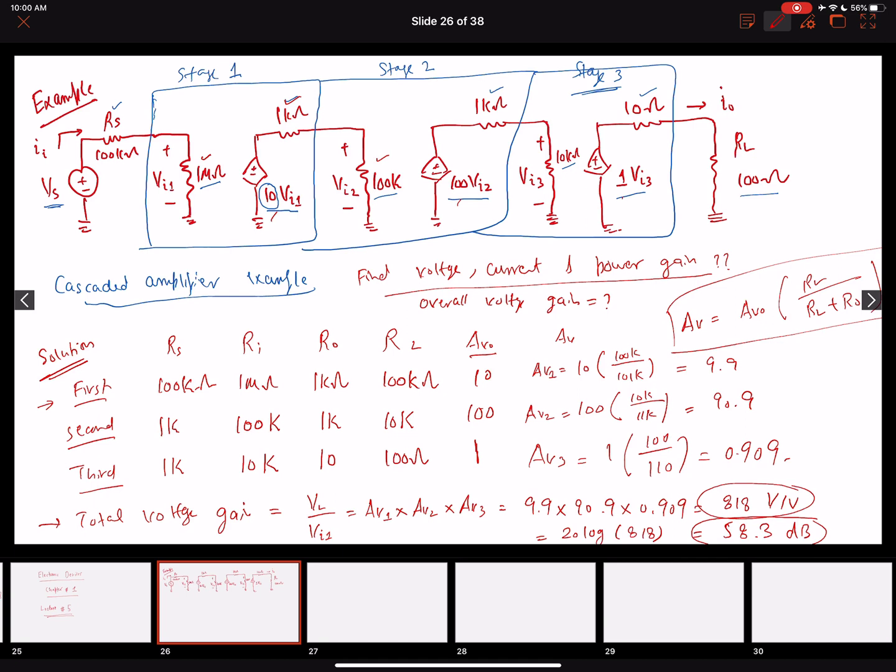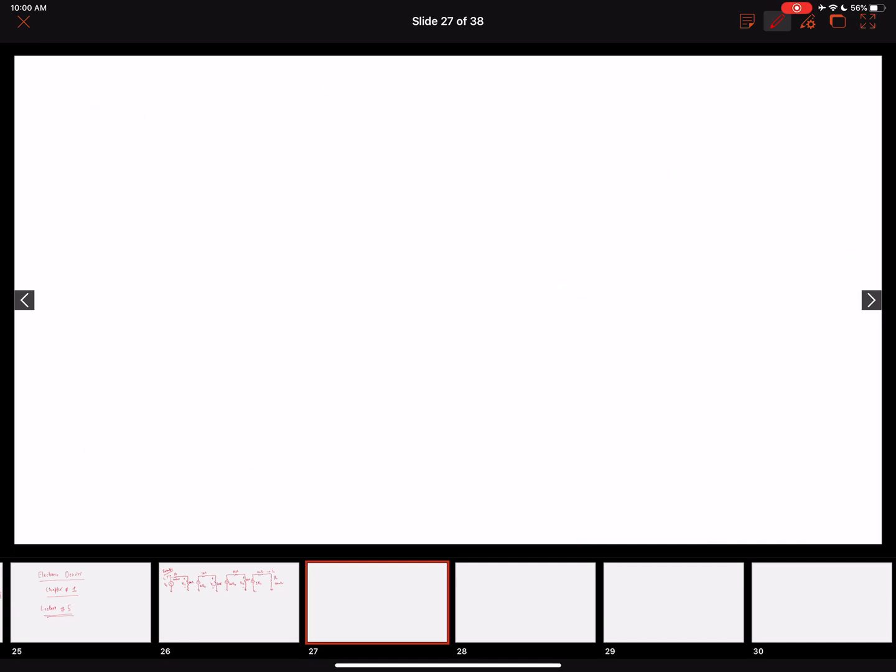Before we move to the current gain of an amplifier, let's first find out the overall voltage gain of an amplifier. That was the second thing that we want to determine.